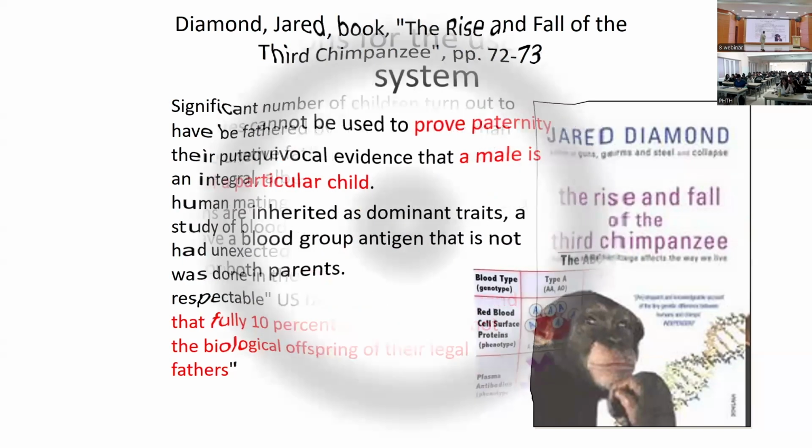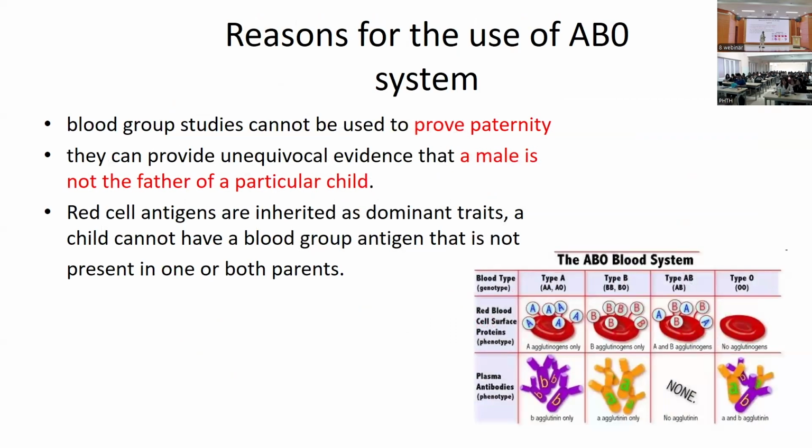I will show you why. In order to demonstrate it, you can use a very simple method, which is the AB0 blood system. If you know the AB0 blood system, you should know that there are impossible children. In other words, according to the blood system of the mother and of the father, some blood systems in the babies cannot exist.